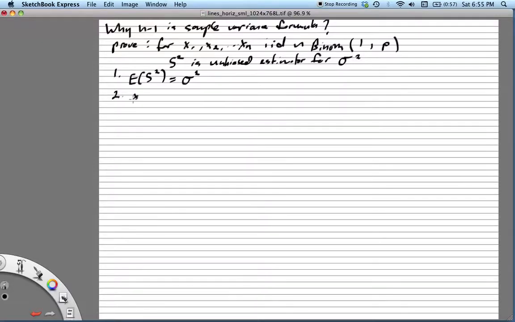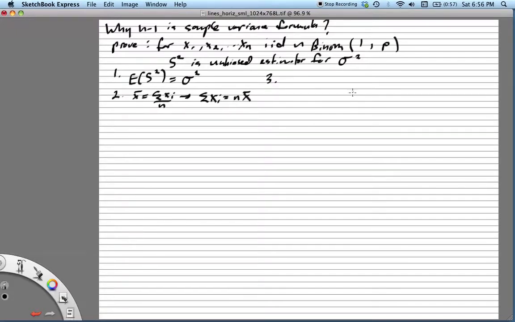We want to recall what the sample mean is by definition. It's the sum over all of your data points divided by the number of data points that you have. From this, we can see that the sum of our data points is equal to n x bar. This we're going to have to use.